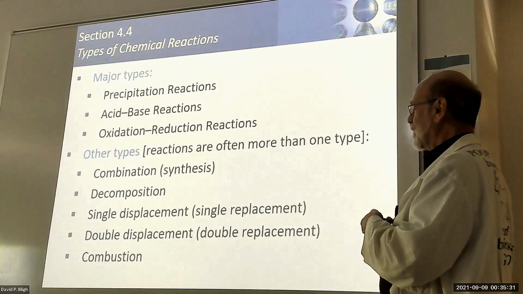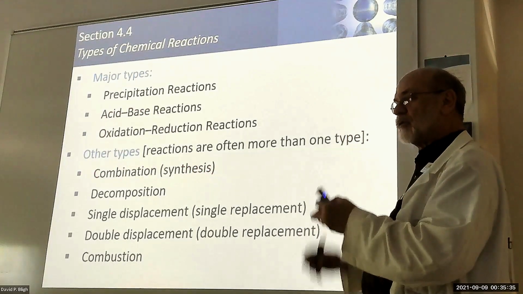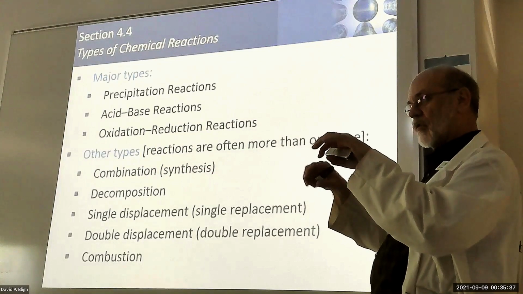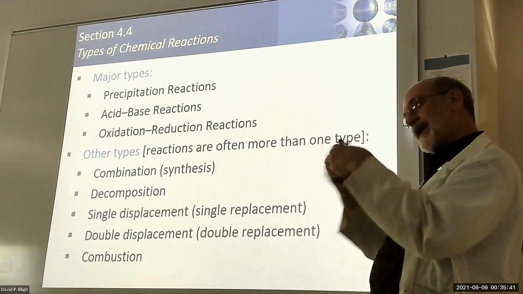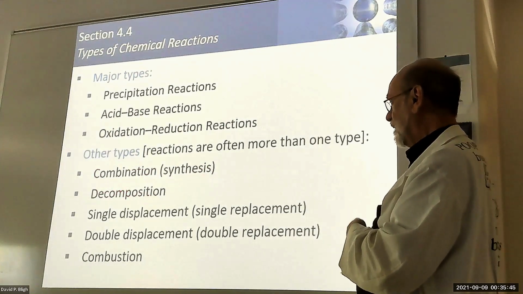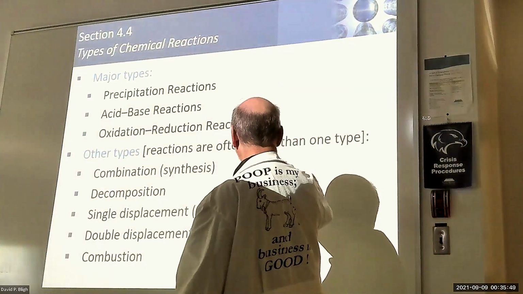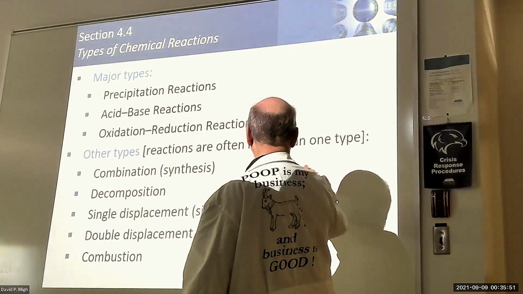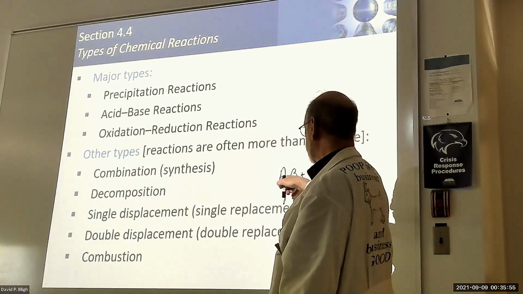And then other types, we can say combination reaction. We have two elements or simpler compounds form a more complex one. And then the other way around, where you break it apart, is decomposition. A single displacement reaction, where you have a compound of two components plus an element, and this C displaces one of those.